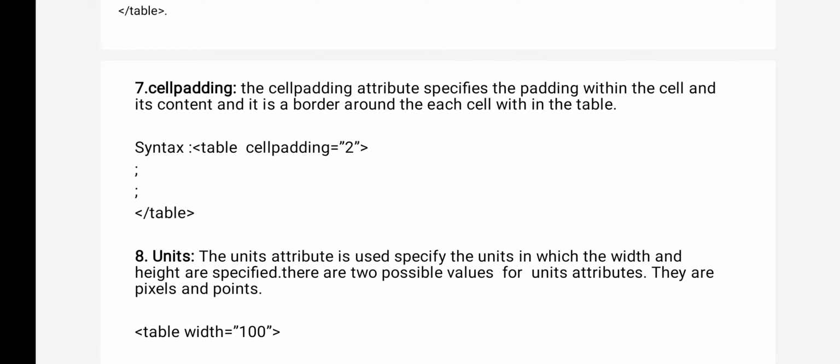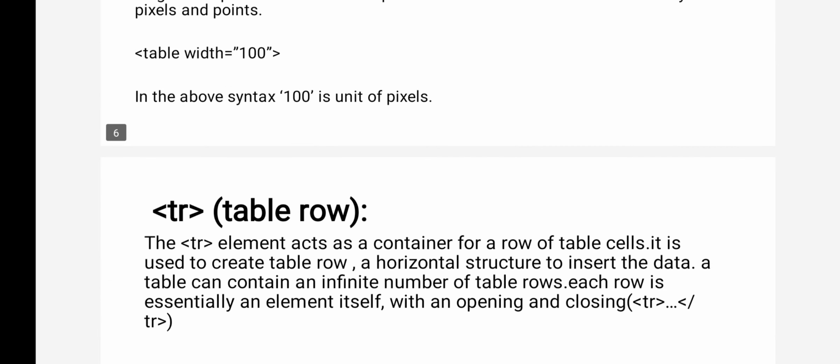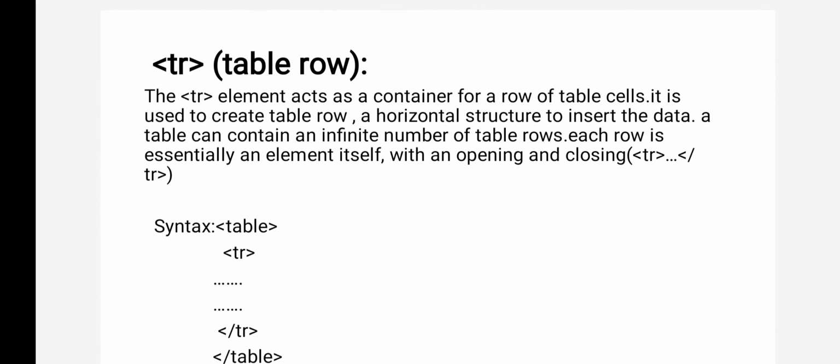Now come to the next one, TR. What is the second element? TR. Actually TR stands for a table row. Using a table opening tag and a closing tag, you have created a table. So after creating a table, immediately what you have to create? Table row.